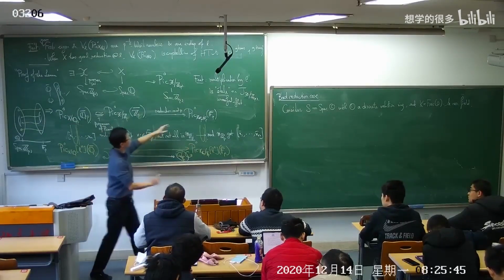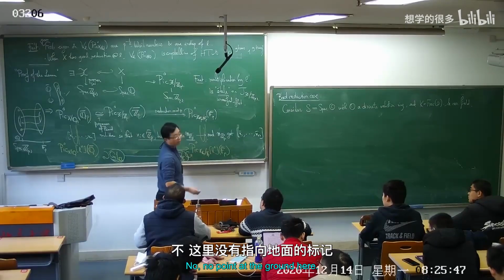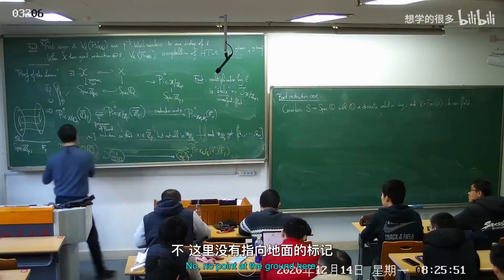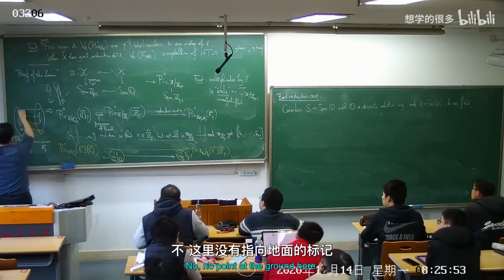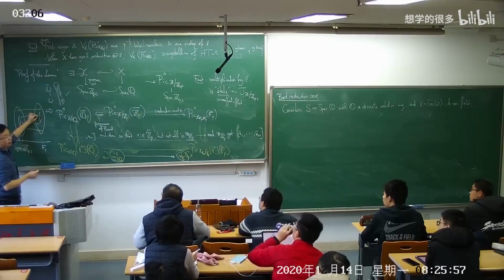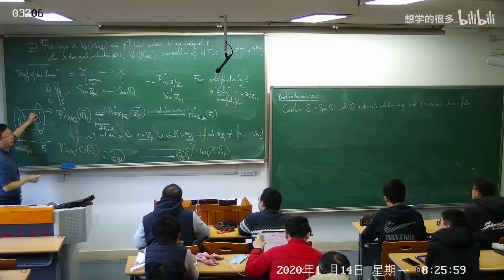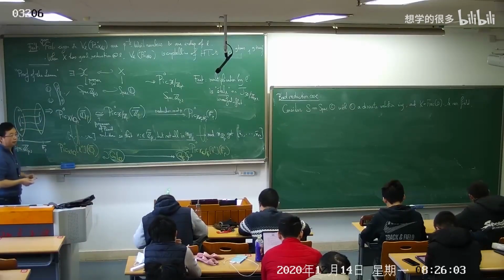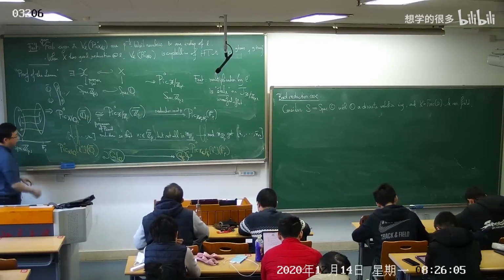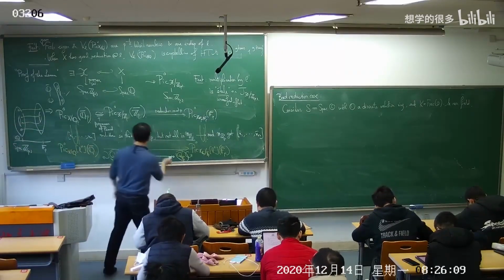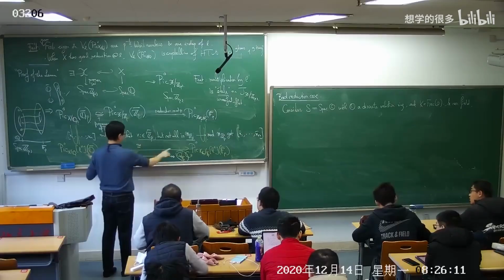So then basically you got the point is there's no two sort of lines clashing into one. So there's no two points here. Yeah, so that's right, in terms of sets.